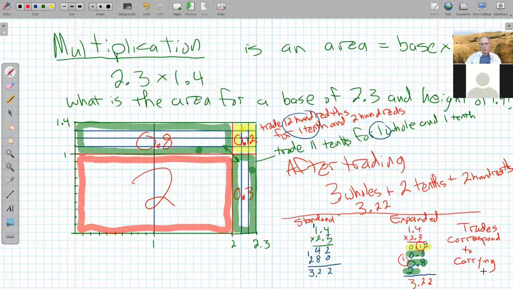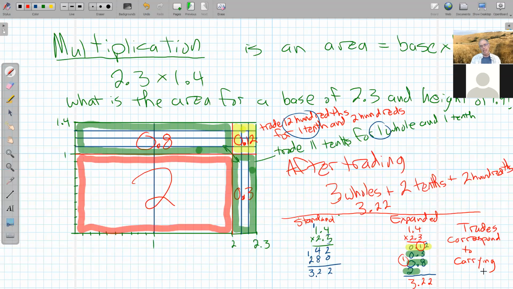All right, questions on multiplication? So most of the work on the page is my modeling. I'm trying to justify why the answer should be 3 and 22/100ths. Well, because multiplication means area, and here's what this area looks like.